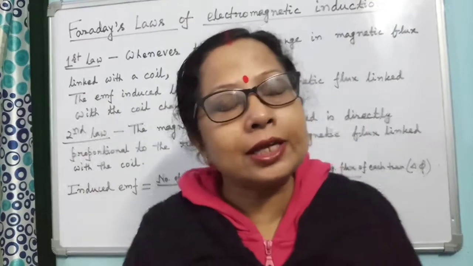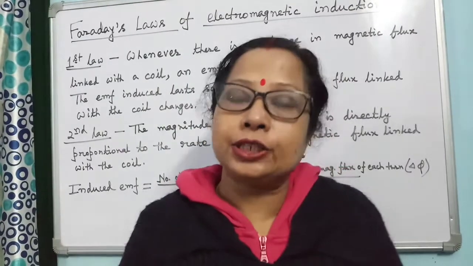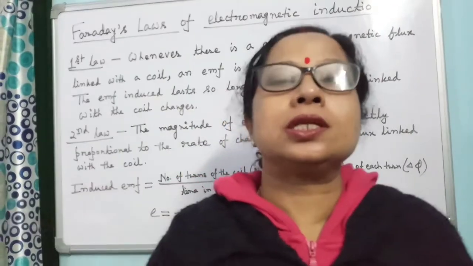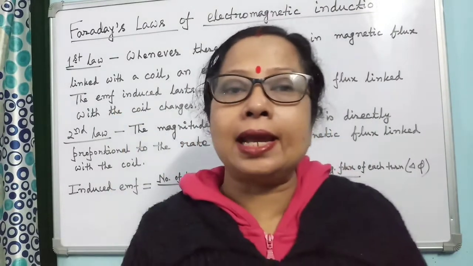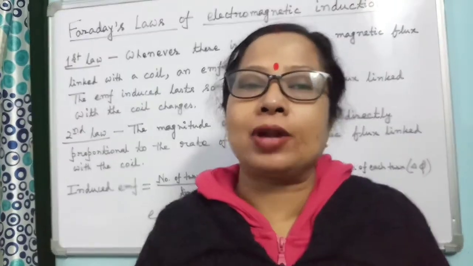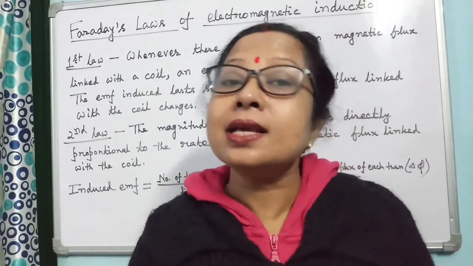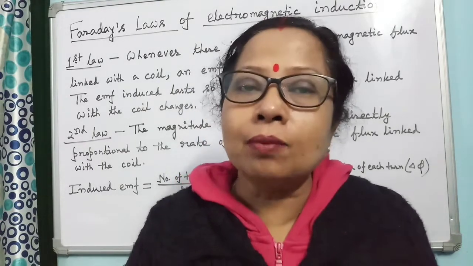What was the observation? That whenever the magnetic flux linked with the coil changes, an EMF is induced in the coil, and the EMF persists in the coil as long as there is a change in magnetic flux. Okay, it means there is a relative motion between the coil and the magnet.